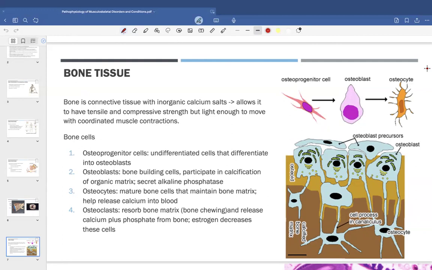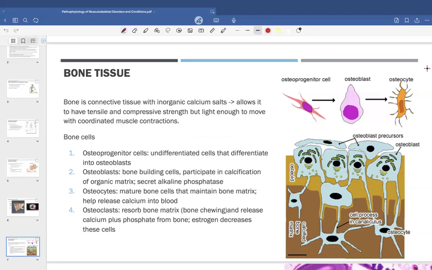That's what gives it its strength. It resists, otherwise we'd be like amoebas. However, it's light enough that we can move relatively easily. As far as the cells go, you have your progenitor cells, which are your bone stem cells.